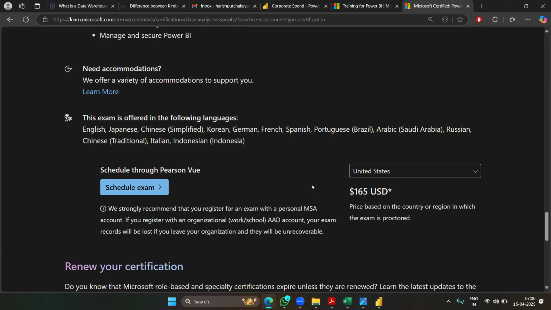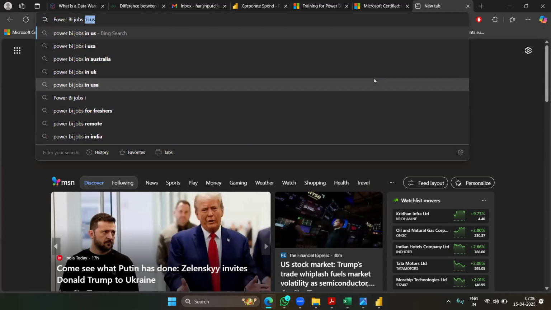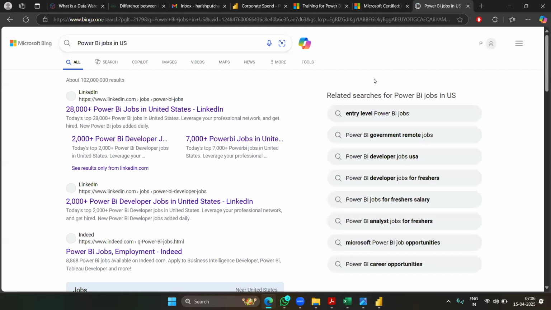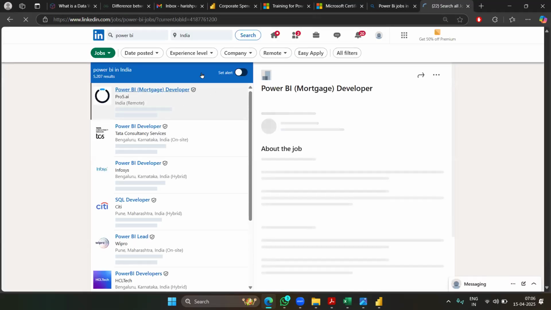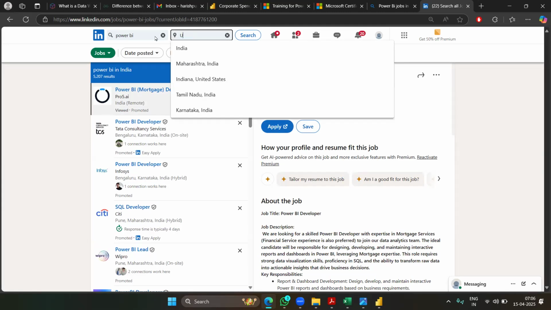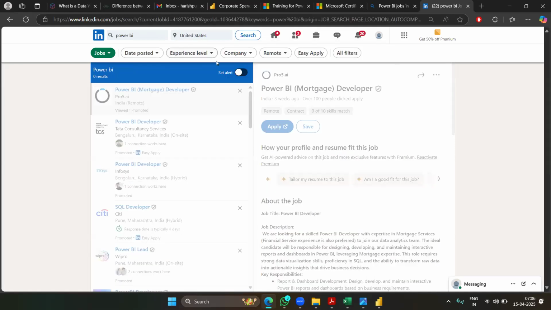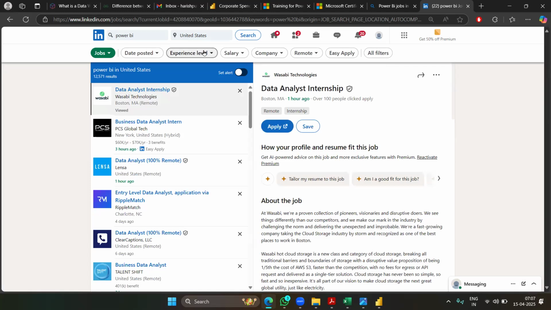And there are huge opportunities. If I search Power BI jobs in the US, see, 28,000 plus jobs are there, right? And we are going to tailor these things based on the US. 12,000 jobs we have.